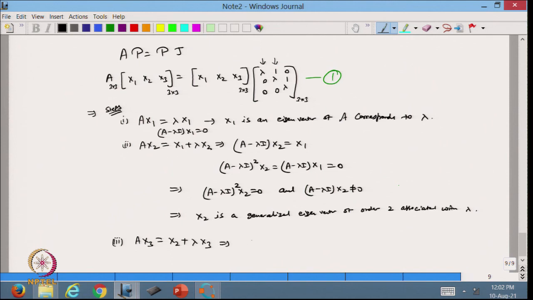Now, from here you will see that (A minus lambda I) x3 is equal to x2. So (A minus lambda I) x2 is equal to x3 if I multiply by A minus lambda I on both sides, and I will get (A minus lambda I) x2. Now, (A minus lambda I) x2 is not 0.